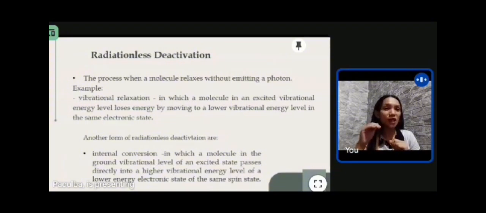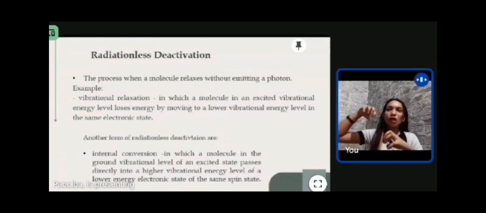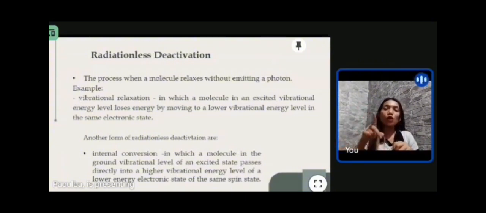Think of a molecule as an object that can move between different energy levels. If the molecule is at a higher position on the stairs, and it moves to the lower position without going through all the steps, that is what we call internal conversion. It's like taking a shortcut between different energy levels within a molecule.